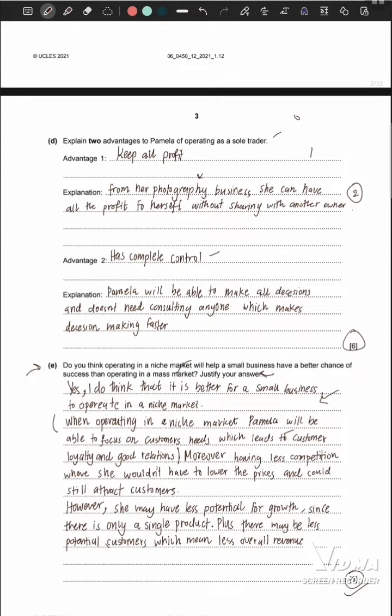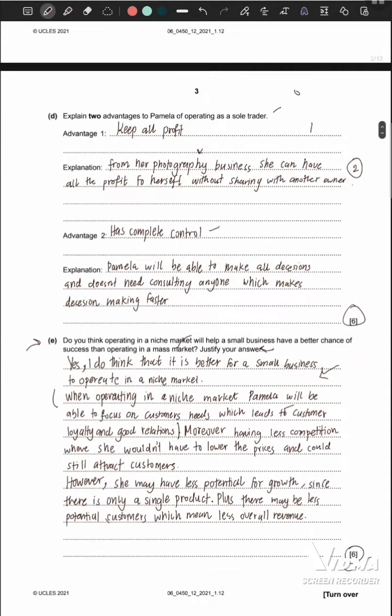So my second point is having less competition, where she wouldn't have to lower the prices and could still attract customers. Like I said just before, it is easier to target customers when you're in a niche market, because you're targeting specific customers and you'll have less competition.